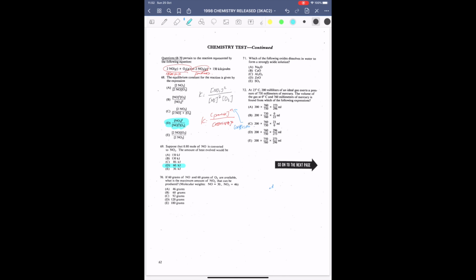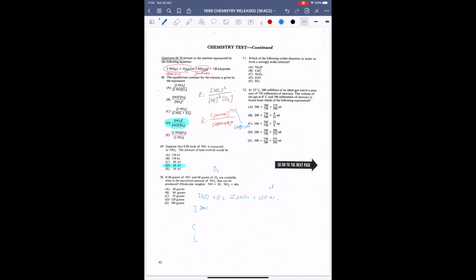70. 60 grams of nitric oxide and 60 grams of oxygen are available. What is the maximum amount of nitrogen dioxide that can be produced? Let's make an ICE table for this. There's 60 grams of NO, which is 2 moles, and 60 grams of O2.